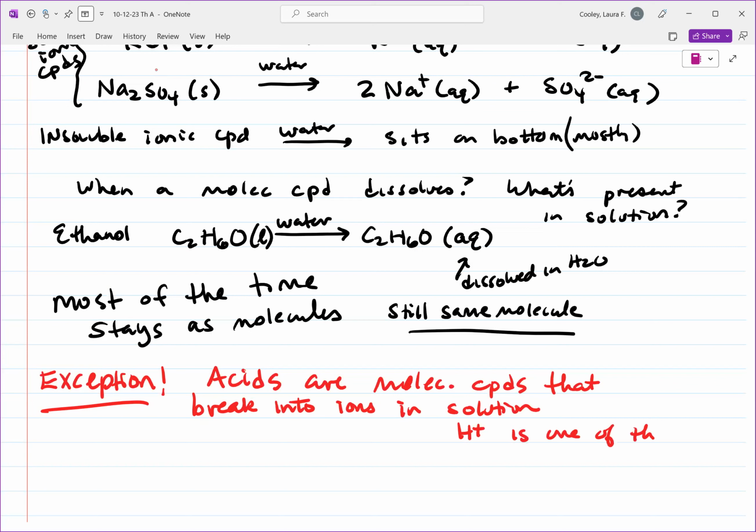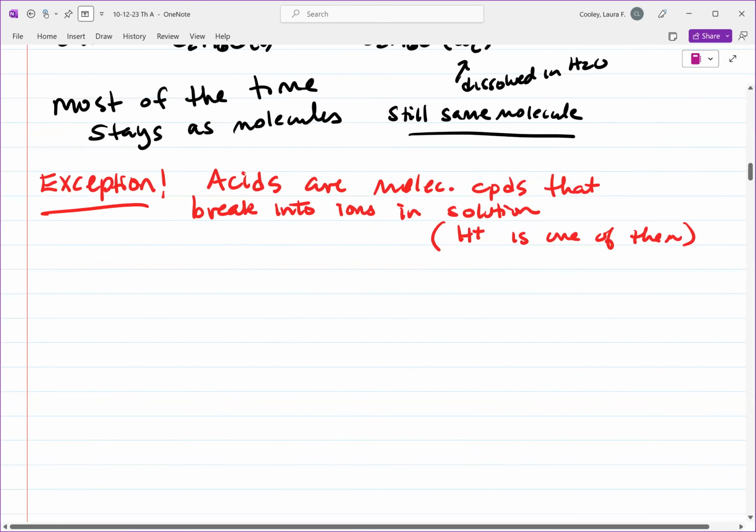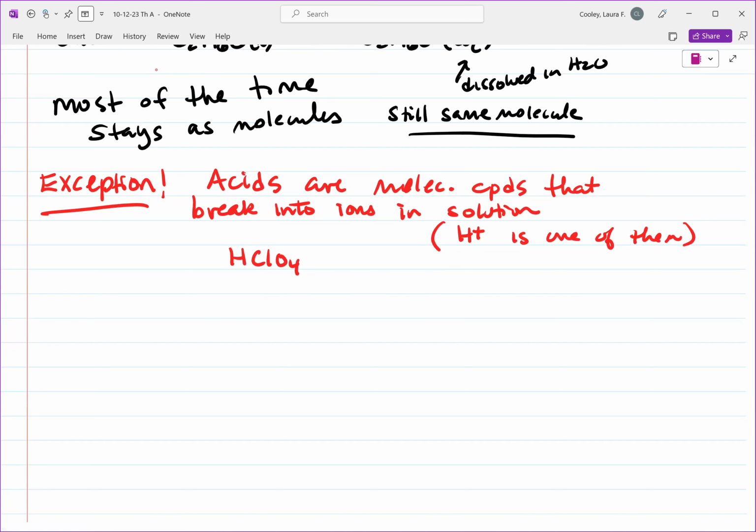And H plus is one of them always. For example, HClO4: you put it in water, you get H plus and ClO4 minus.